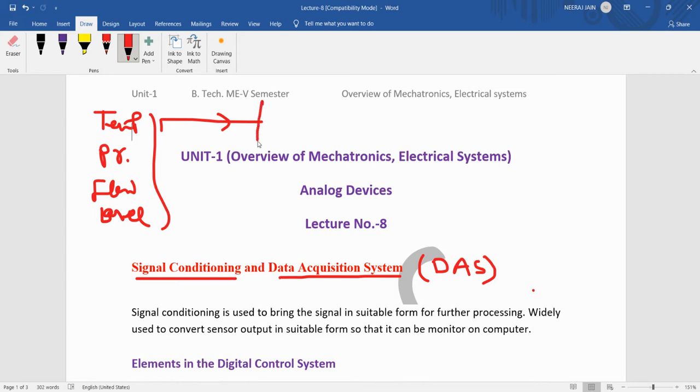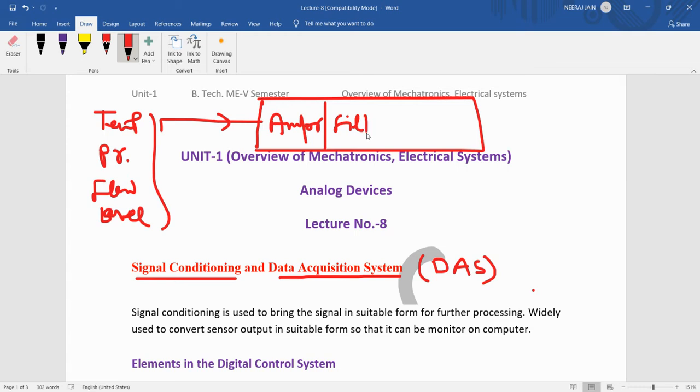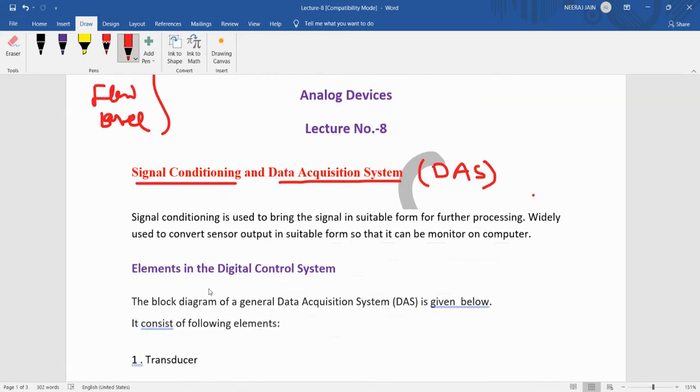So basically, signal conditioning consists of an amplifier, filter, attenuator, and brings the signal into a suitable form that has suitable amplitude and suitable frequency range.